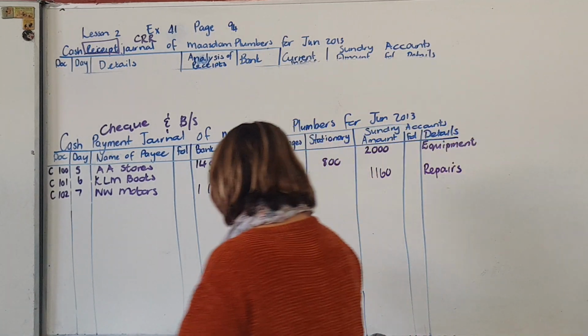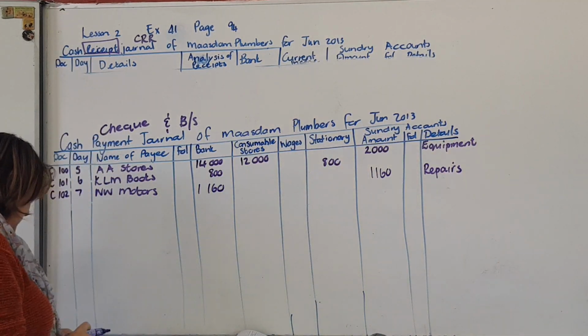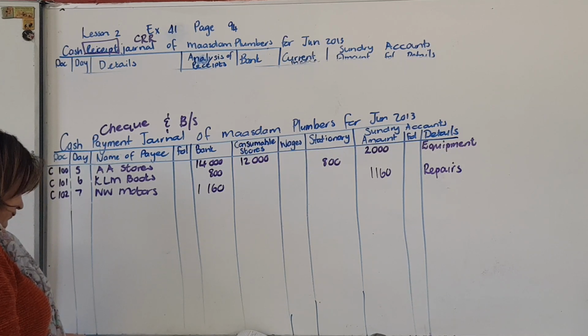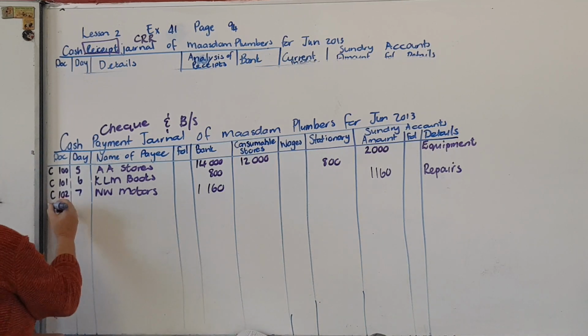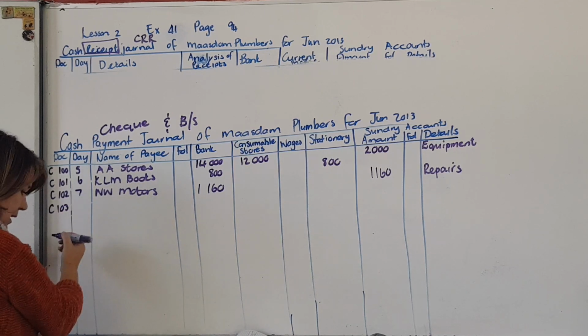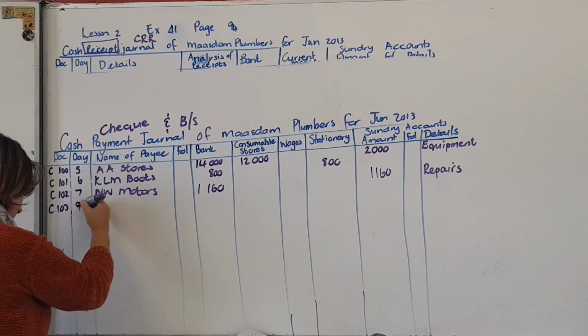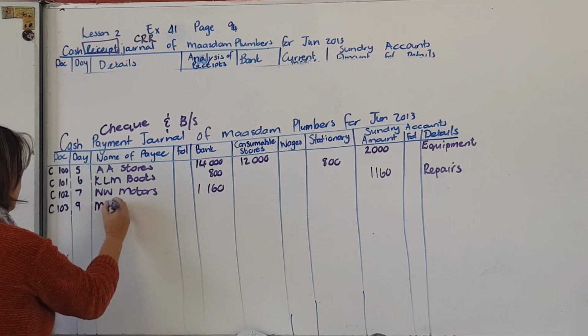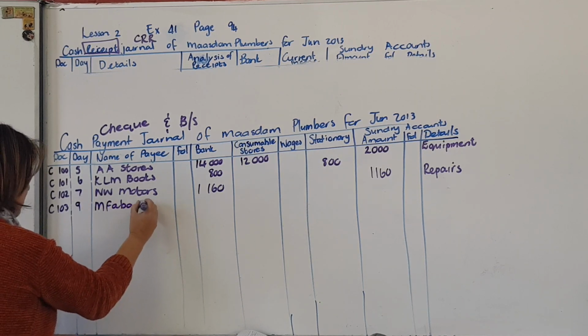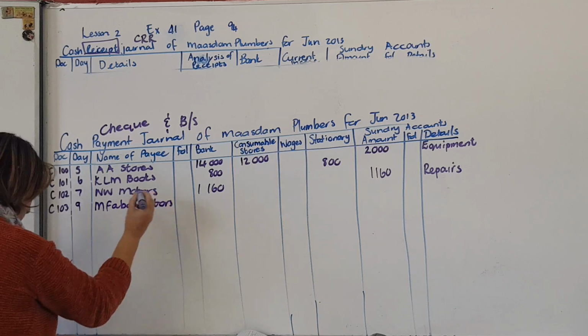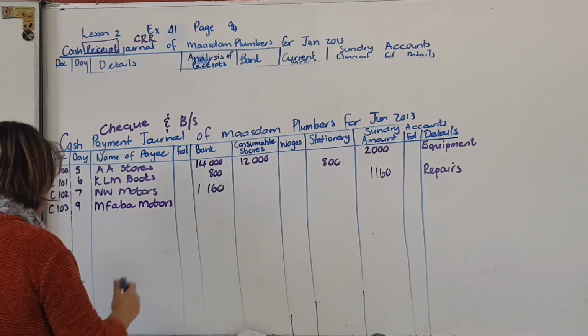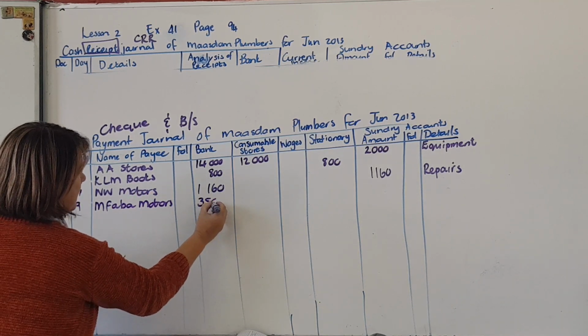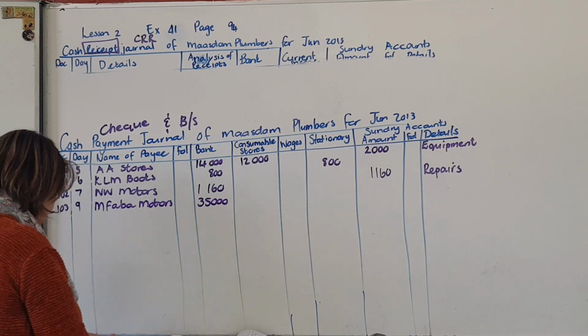Okay. Then my next transaction will be on the 9th. Paid Mafaba Brothers 35,000 Rand per check for a storeroom built on. So check 103 on the 9th, Mafaba, and the amount, 35,000 Rand, that's going to be taken out of my bank account.